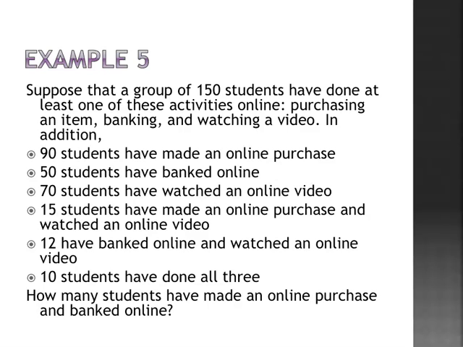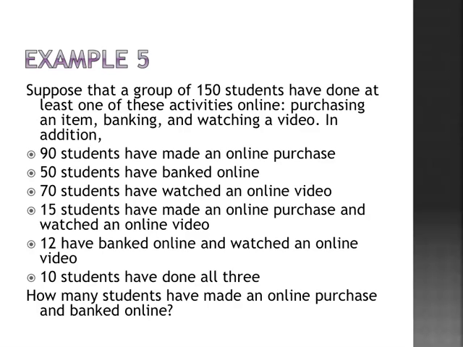Now that's in general. It doesn't mean that they've only done that one. 15 students have made an online purchase and watched an online video, 12 have banked online and watched an online video, and 10 students have done all 3.